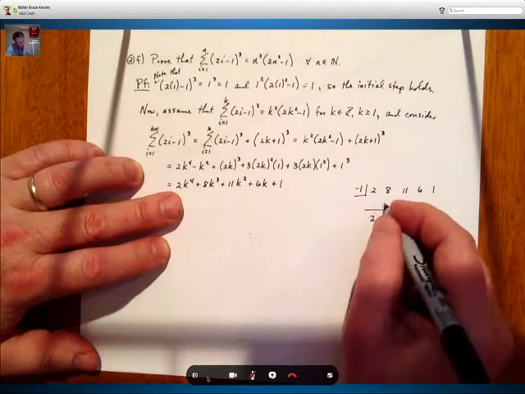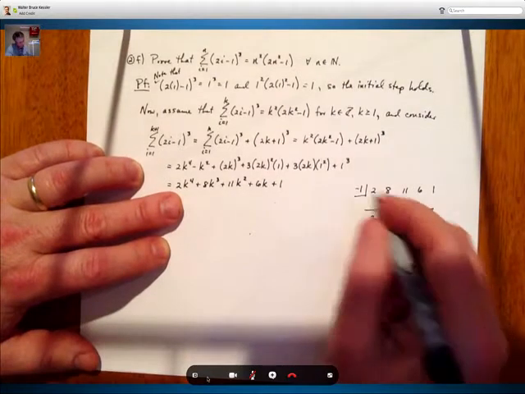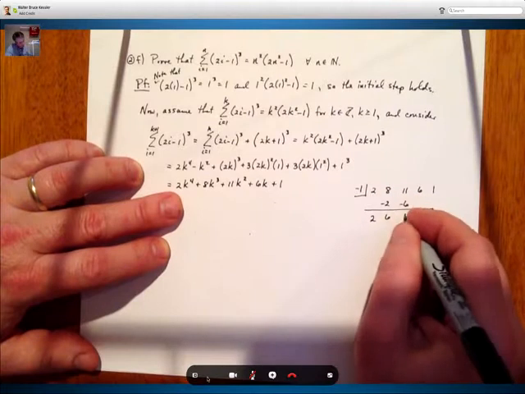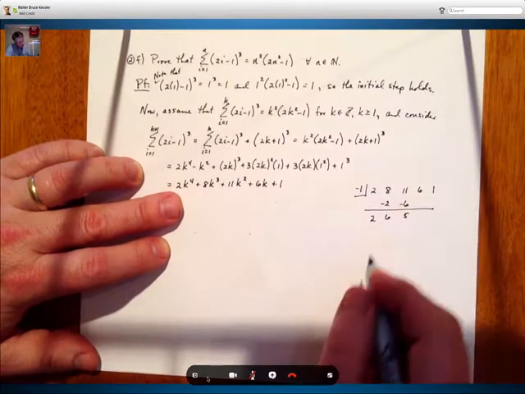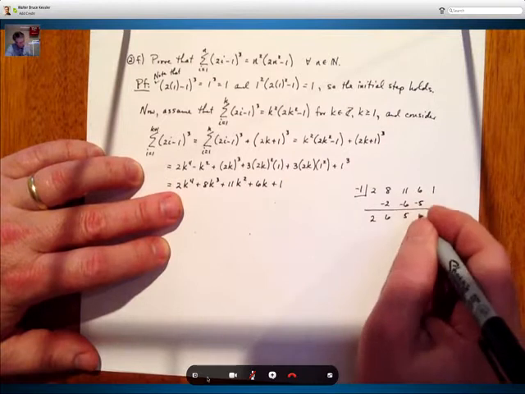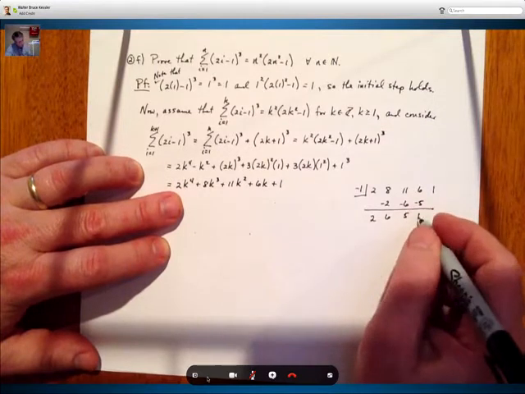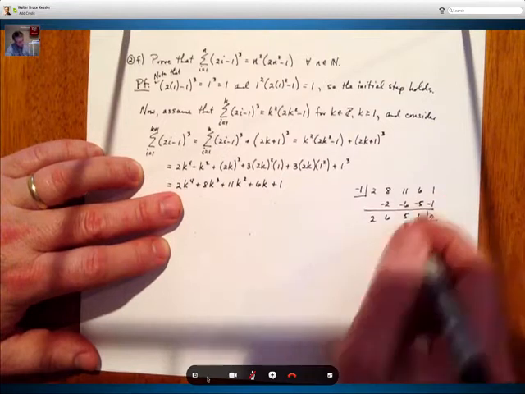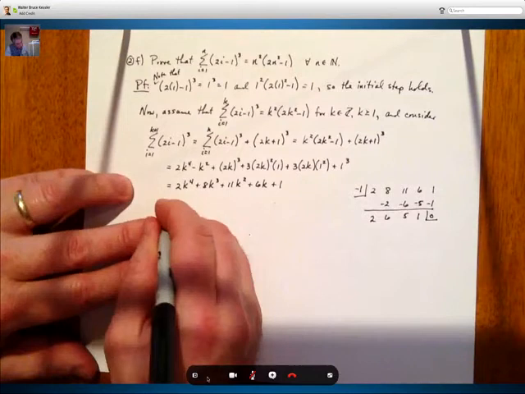So bring down your 2. 2 times a negative 1 is a negative 2. This is 6. 6 times a negative 1 is a negative 6. This is a 5. 5 times a negative 1 is a negative 5. This is a 1. And then 1 times a negative 1 is a negative 1.